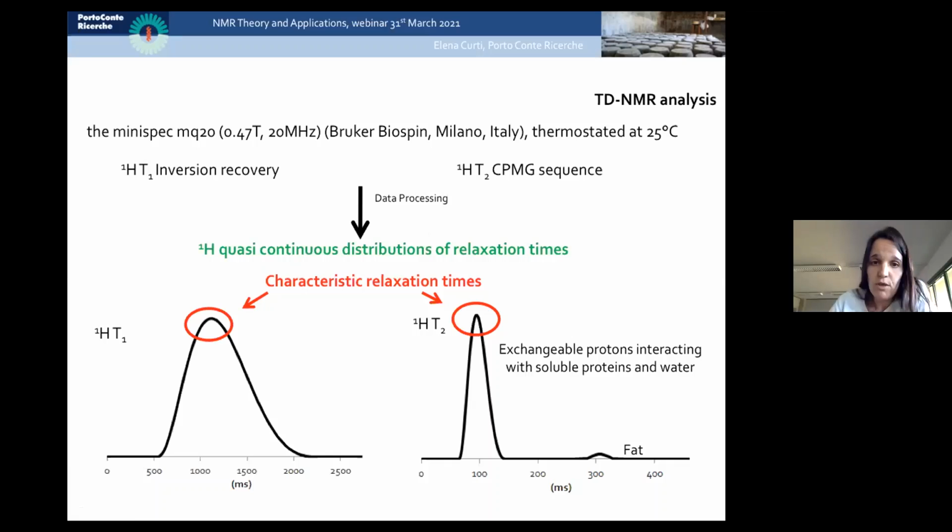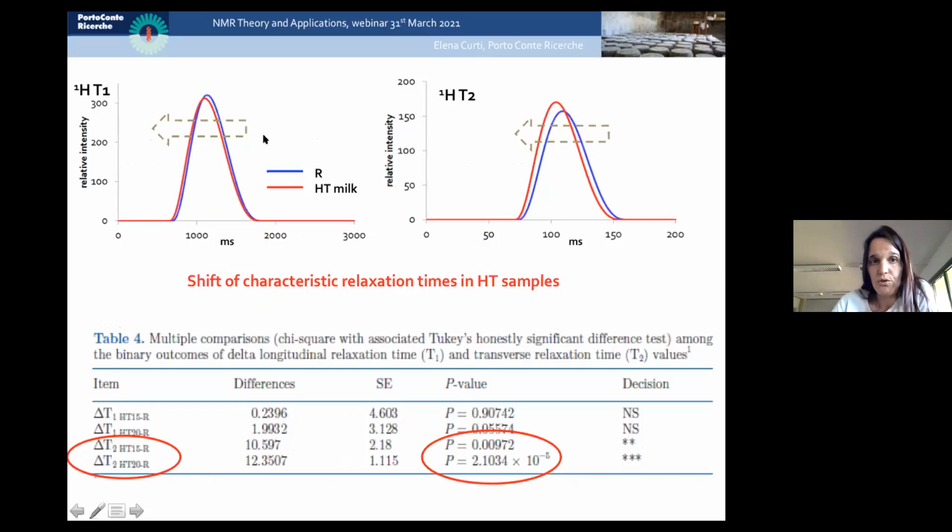If we take a look at these characteristic times and at the distributions, what we observed is that in all the heat-treated samples there is a shift of the distribution toward the left, so the characteristic relaxation times became shorter. We also performed some statistics because we wanted to understand if this shift was significantly related to the fact that milk was subjected to heat treatment.